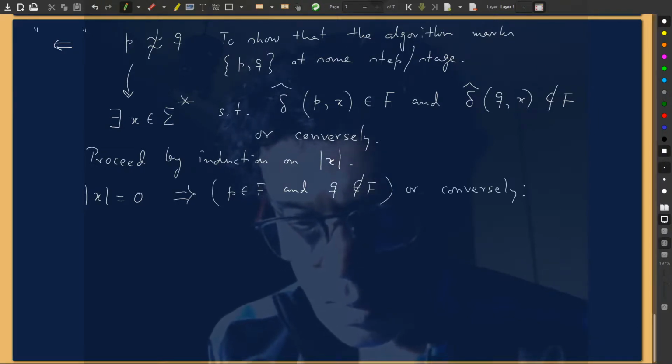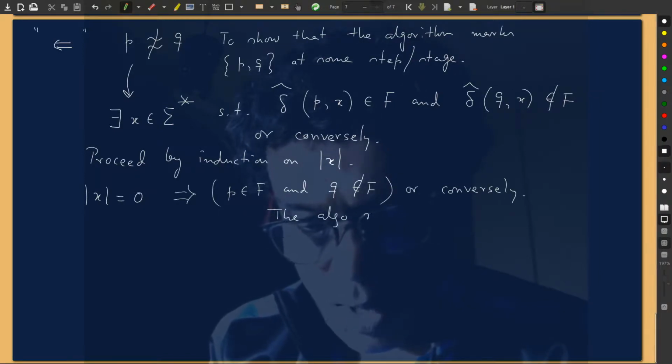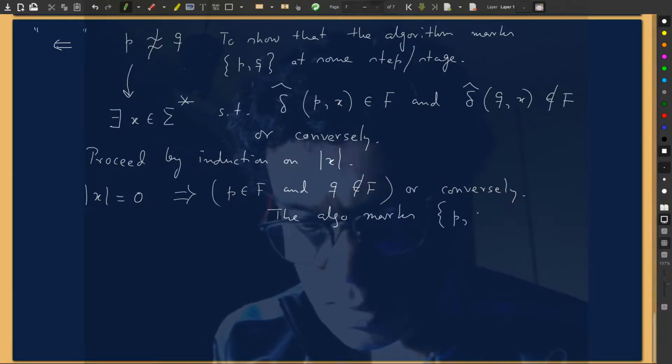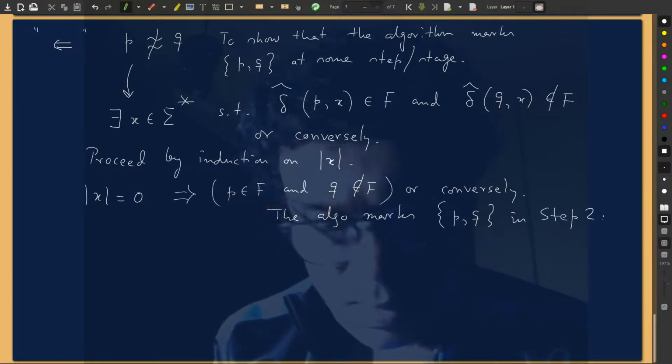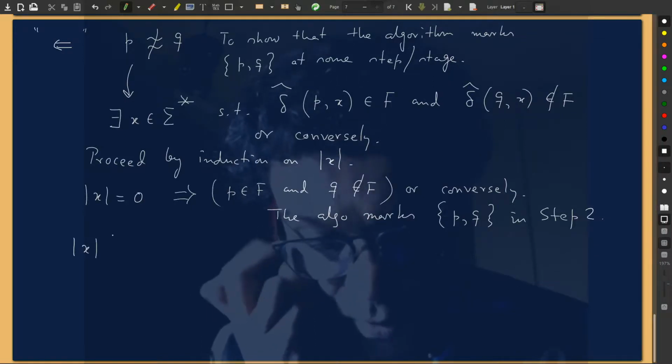But then the algorithm marks the pair PQ in step 2, the initialization step. So the induction basis holds.